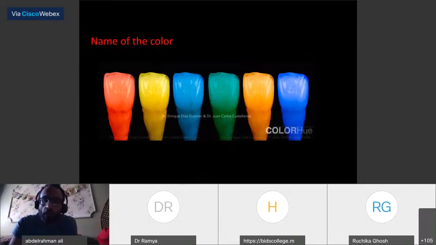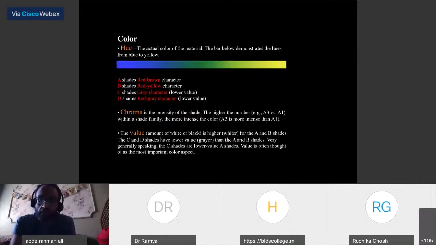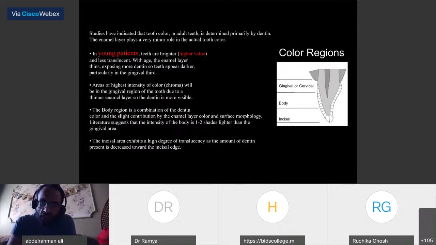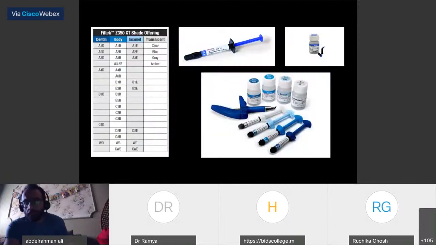So I would like you to use a value-based composite. If the company is not making a value-based composite, I will reclassify the chroma-based composite that I have into a value-based composite, like 3M. So I'm choosing 3M composite, not because 3M is the best, but because I used to use 3M. You can use Dentsply, the new composite from Dentsply.